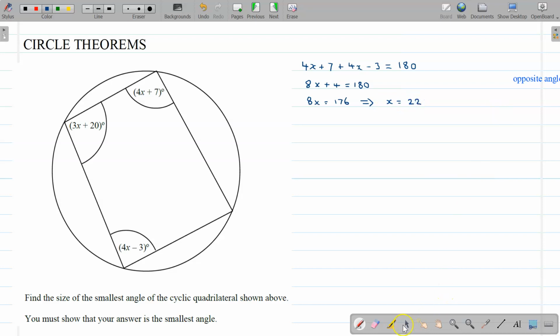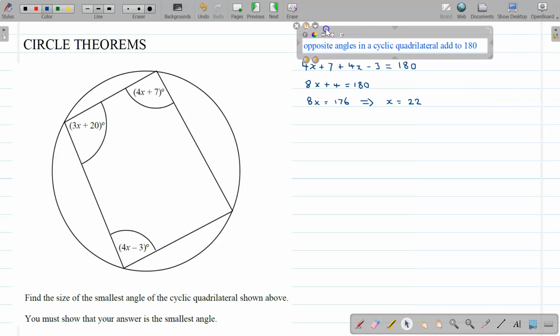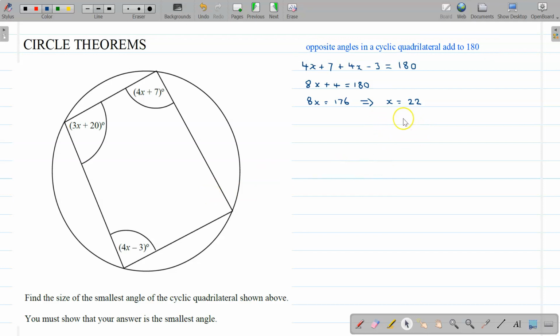What we've used is the fact that opposite angles in a cyclic quadrilateral add to 180. So that's what x is. But what are the angles? Well, we just have to substitute x equals 22 into each of the equations. So 4 times 22 plus 7 makes 95.